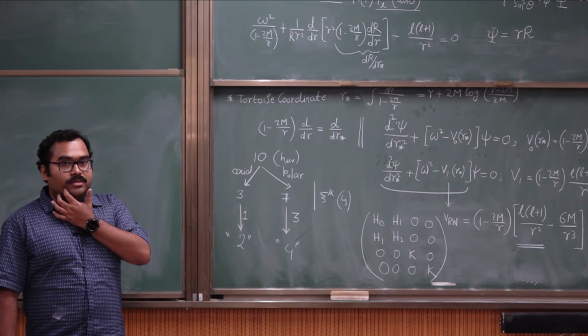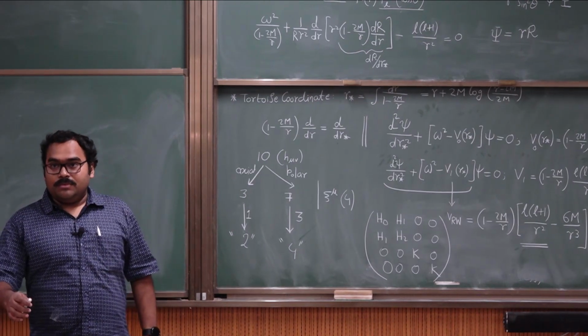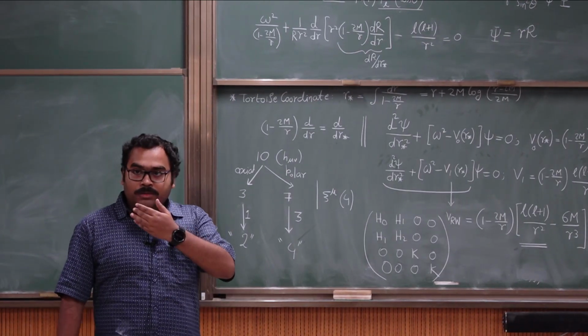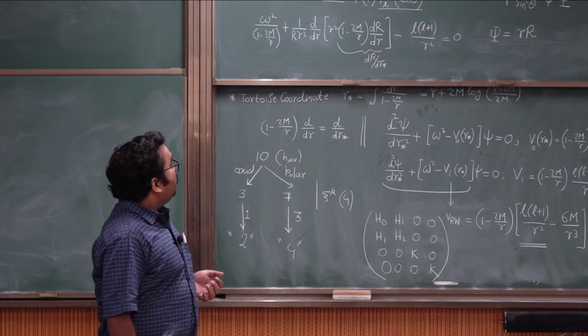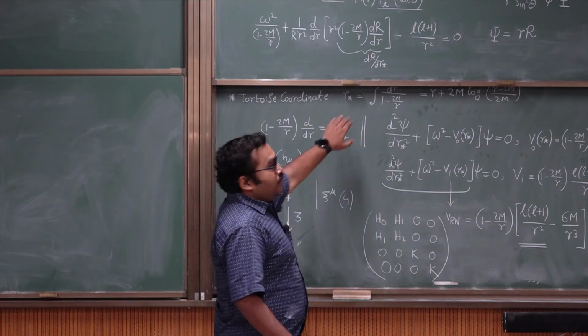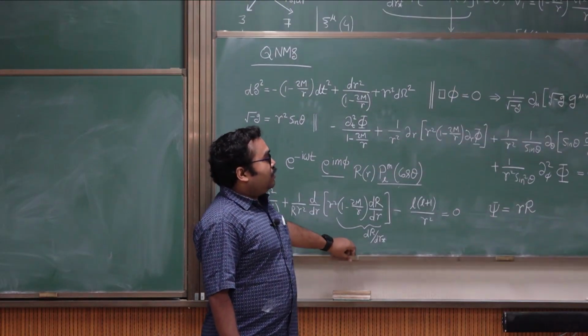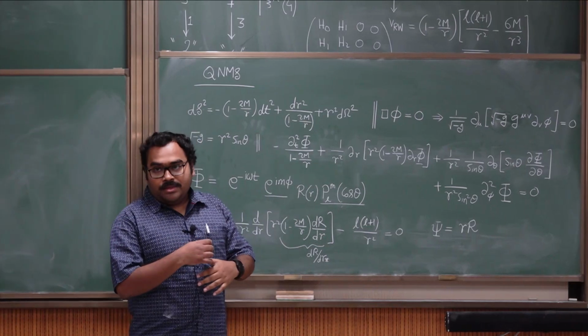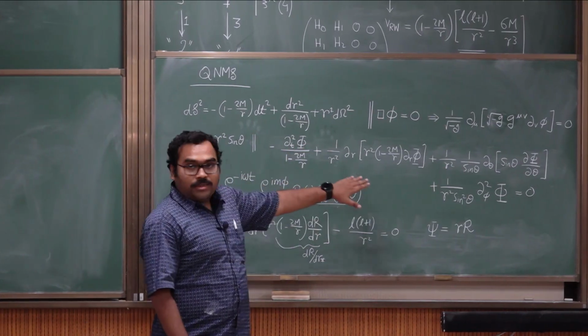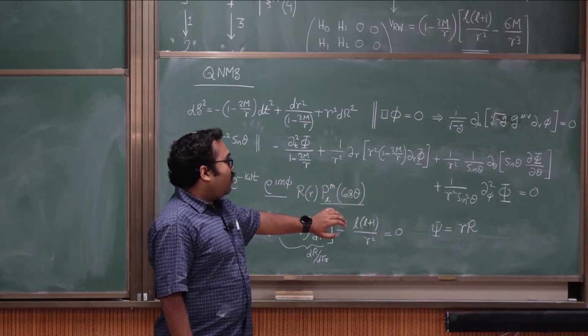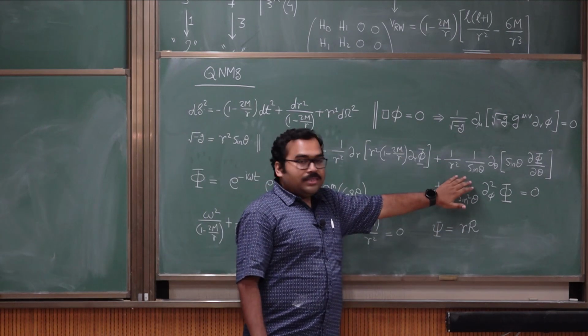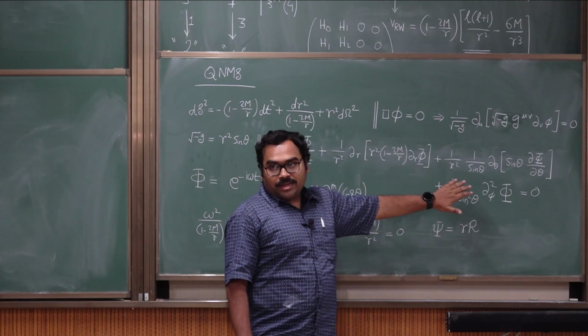Any other questions? Yeah, of course, because the Kerr metric has this very special structure that the geodesics are separable. So even if you write down box phi, you can separate it out. The only problem there is, there would be this Carter constant and other things coming in.